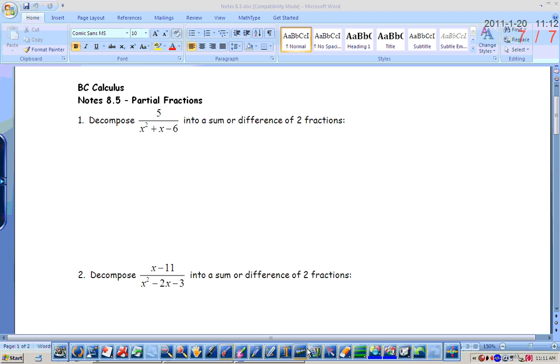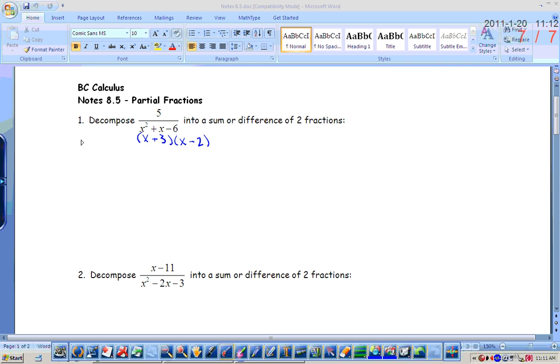All right, so the first thing I want to do is just factor that bottom part. And this method will be used anytime you're trying to integrate something that you can factor on the bottom. So how do I factor x squared plus x minus 6? X plus 3 and x minus 2? Okay.